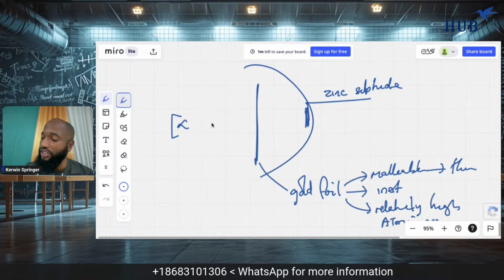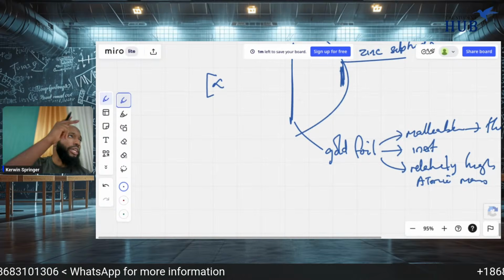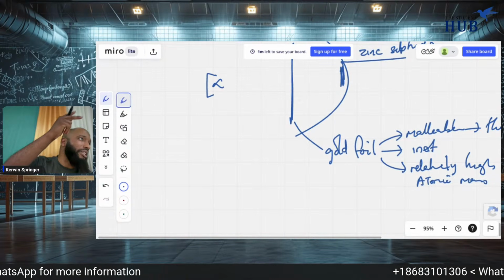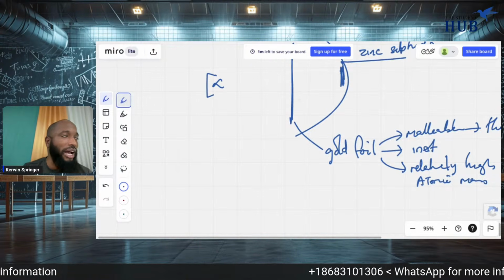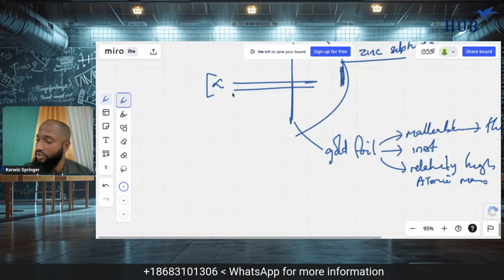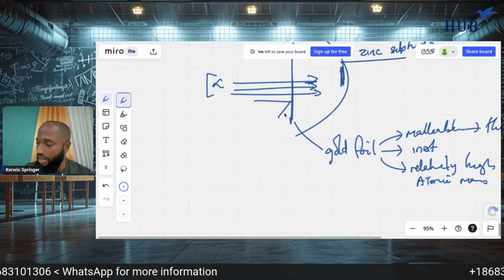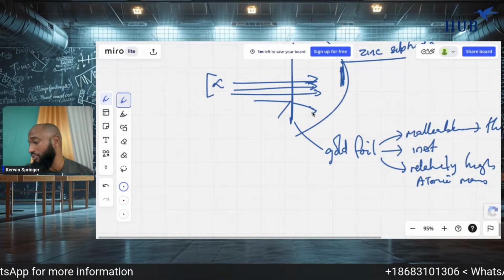What were the observations? Two key observations for the GM tube. What are the two key observations? Most go straight through. Some are deflected. And what's the thing I said that were deflected?